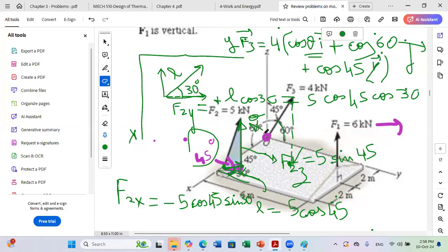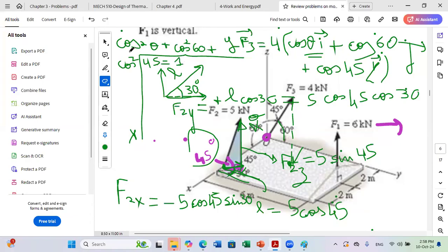To get theta, if they didn't give you the angle 60, you can find it because you can apply the cosine rule: cosine square of theta plus cosine square of 60 plus cosine square of 45 equals 1.